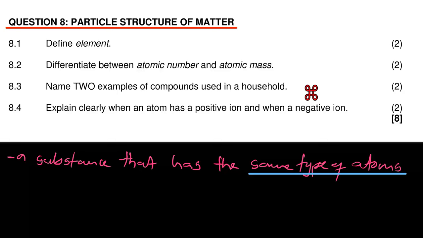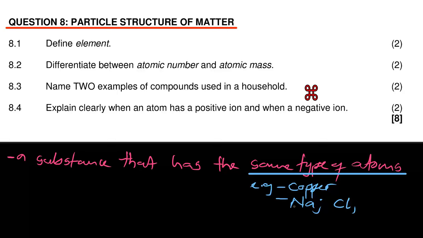Sometimes they can say give us examples of elements. For example, copper is an element as a metal, so it has got the same type of atoms, which is copper atoms. Anything or all the groups in the periodic table, you can have sodium, it is an element. You can have chlorine, it is an element.